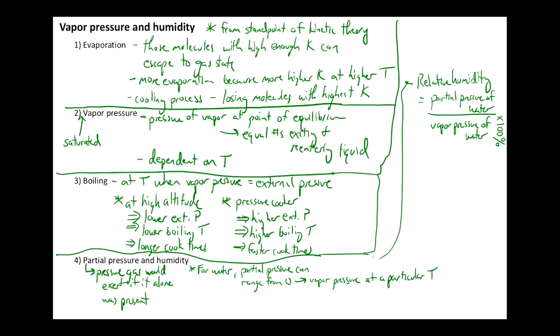So sometimes what happens is you can get over 100% if the temperature falls suddenly. All of a sudden, the air is holding more water vapor than it could normally. And in that particular case where you have a situation of supersaturation, that liquid has to come out of the vapor phase.